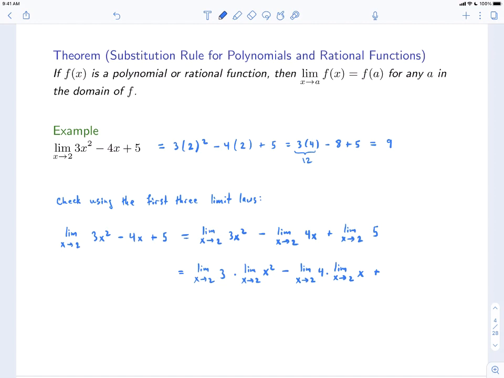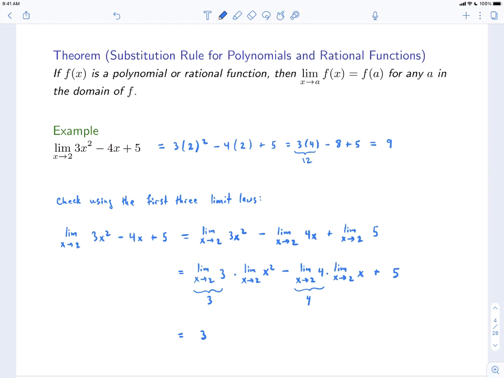X approaches 2, but we're just looking at a 5, so that doesn't go anywhere. That's just constant, so we leave it like that. Similarly, the limit as x approaches 2 of 3 is just 3, and the limit as x approaches 2 of 4 is 4. So we have 3 times the limit as x goes to 2 of x to a power.